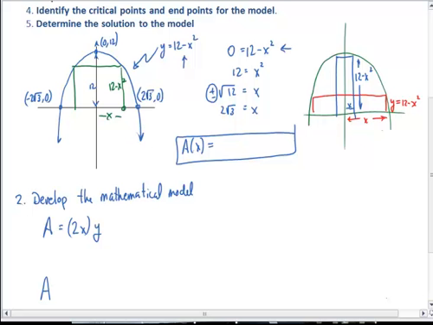Well, I'm hoping that you at least got area is equal to 2x times y, because the width would equal 2x and the height is y. So that's the first step. The second step is, can we write this equation in terms of one variable x?